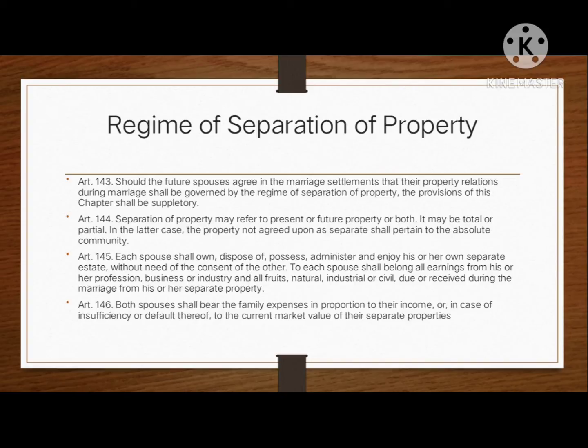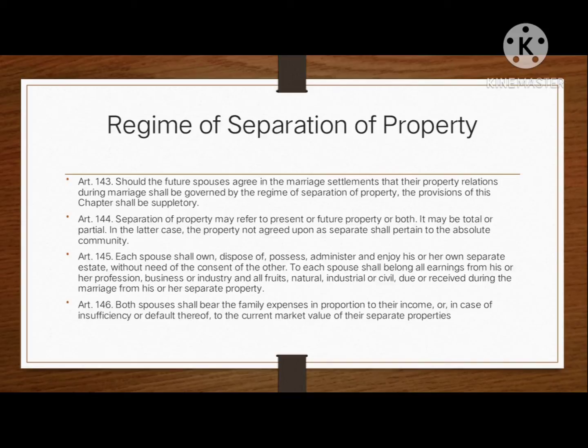So, before marriage, the couple agrees that the properties will be governed by the regime of separation of property. Separation of property may refer to present or future property or both. It may be total or partial. In the latter case, the property not agreed upon as separate shall pertain to the absolute community.